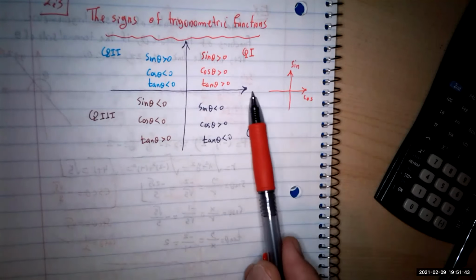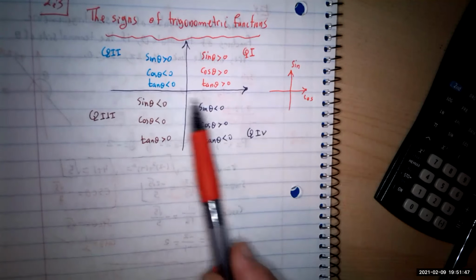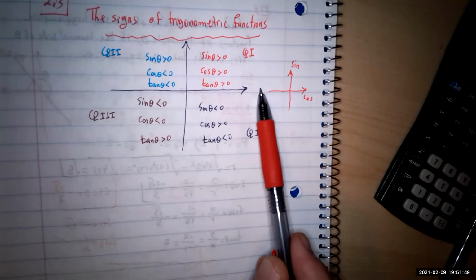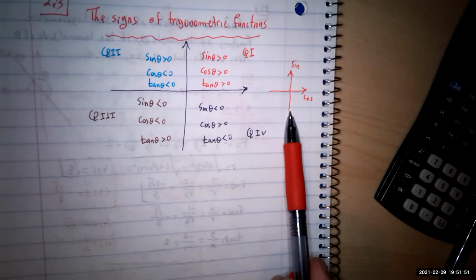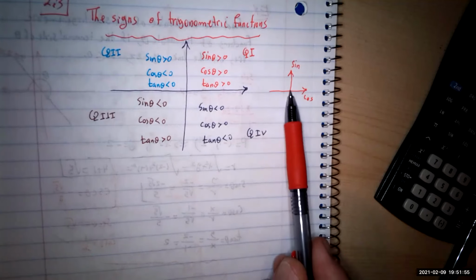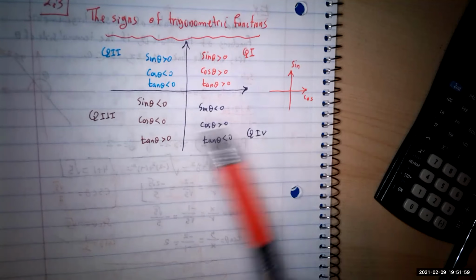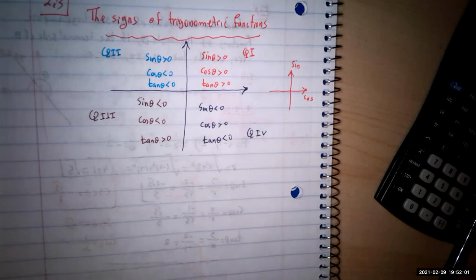Here, cosine negative, sine positive, the tangent will be negative. Here, sine negative, cosine negative, tangent will be positive, and here, the cosine positive and the sine negative. So that would be very useful for us from now on. Any question?